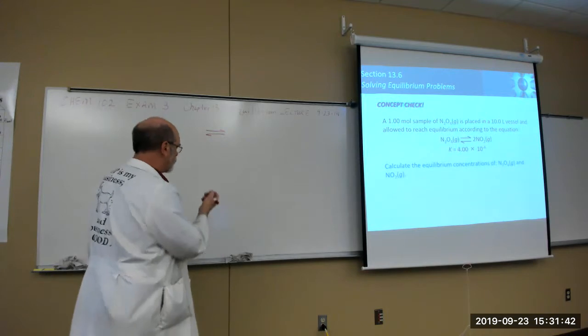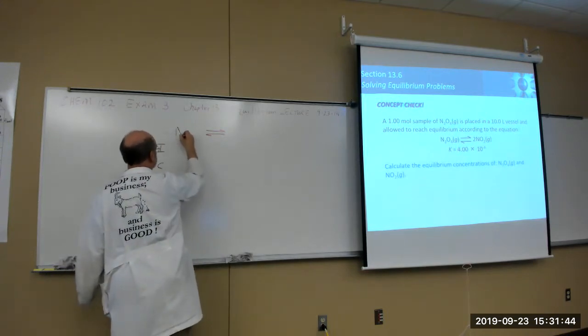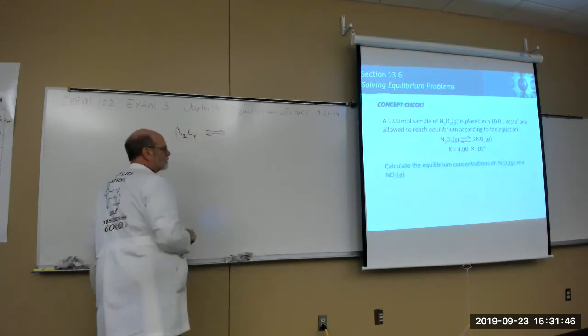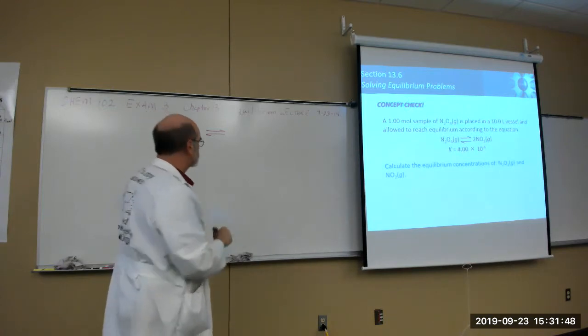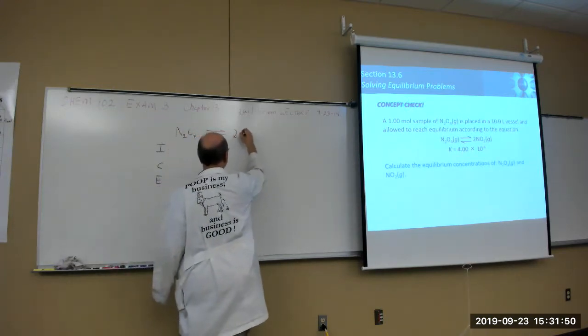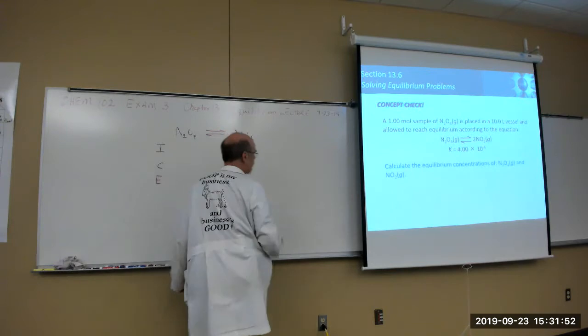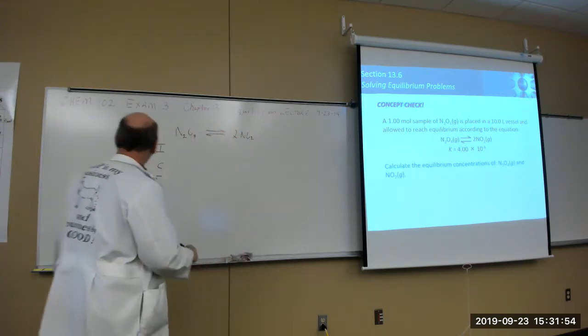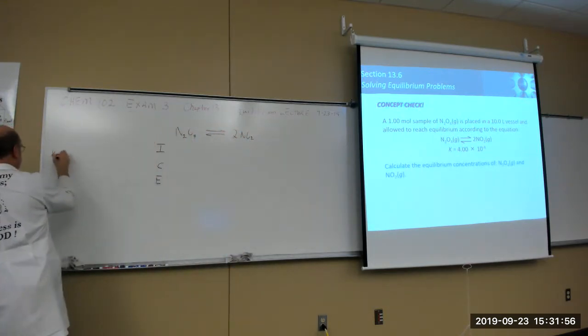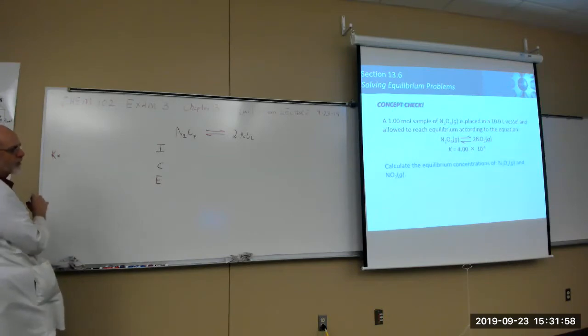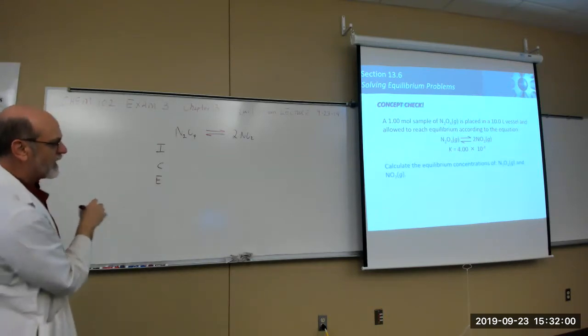So we've got N2O4 gas yields 2 NO2 gas, and the K is equal to 4 times 10 to the minus 4.